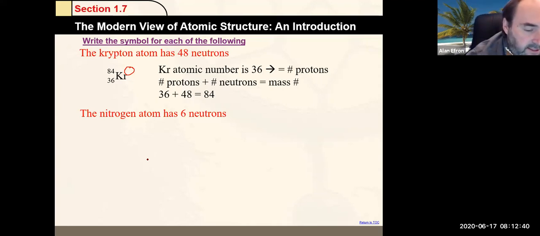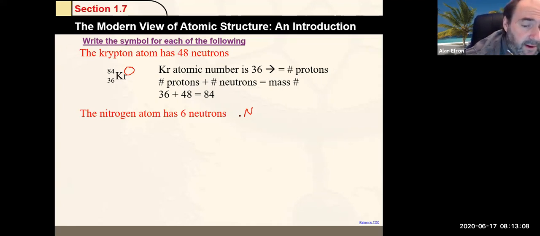Okay, so let's take a look at this one. So nitrogen symbol is N. And again, we would go to the periodic table, and what we would see is nitrogen's number 7 on the periodic table, the number that comes above it, which is the atomic number. That would also mean that obviously it has 7 protons.